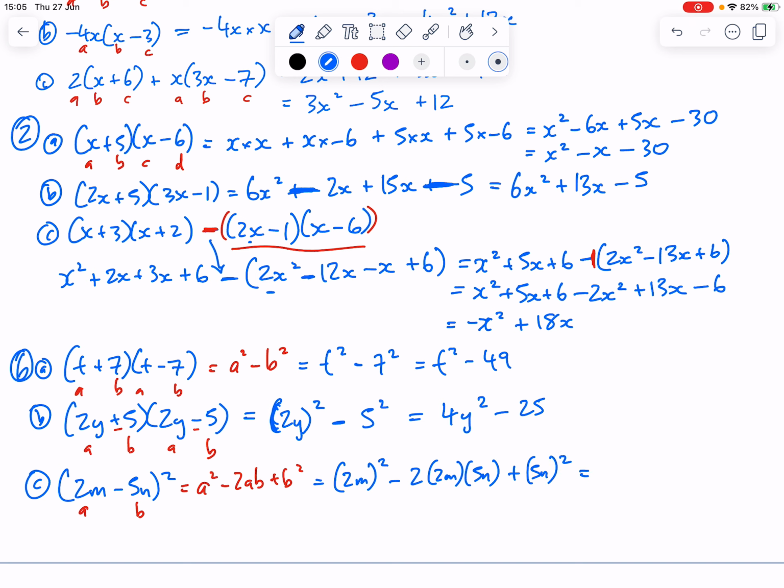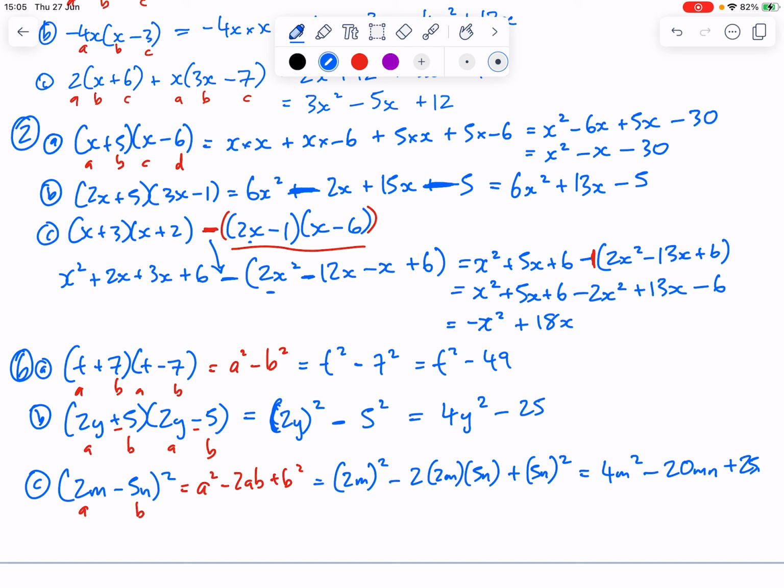Okay, 2m all squared is going to be 4m squared. Negative 2 times 2m is negative 4m, times 5n is going to be negative 20mn. I can't multiply m and n, they're different letters. Plus 5n squared. 5 times 5 is 25n squared.